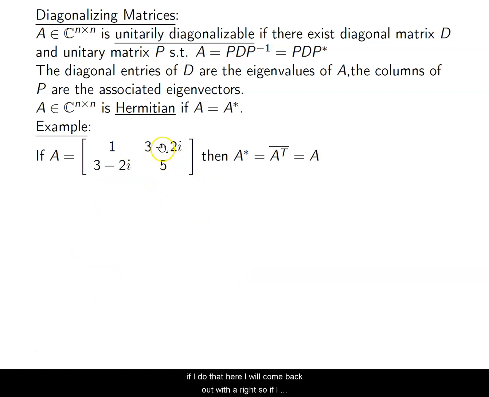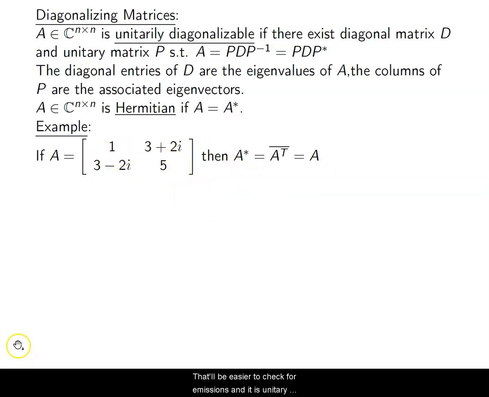If I change these signs, turn this to minus, turn this to plus, and then swap their entries, I'll get right back to where I was before, which is A. So this matrix, A star, is the same as A. So this matrix is Hermitian.